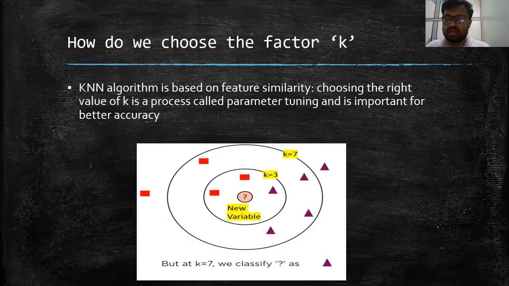Let's take the next case, K equal to 7, and look at the second circle. Here the squares are 3 in number, but the triangles are 4 in number. As we have changed the value of K to 7, the answer changes. When K equal to 3, our new variable was classified as square, but when K equal to 7, it is classified as triangle.